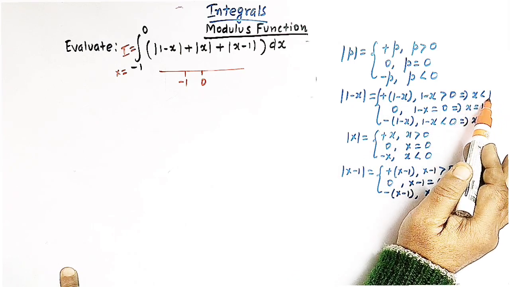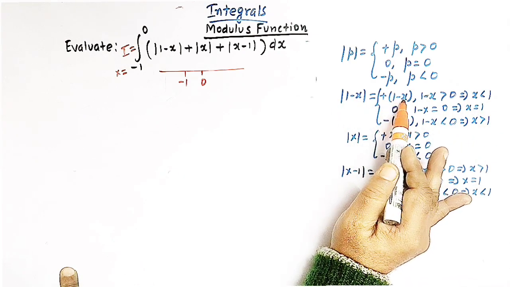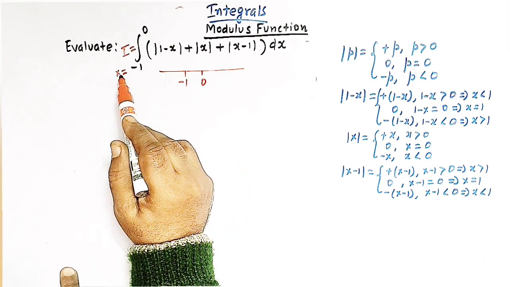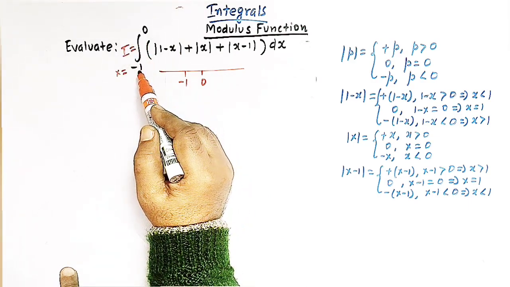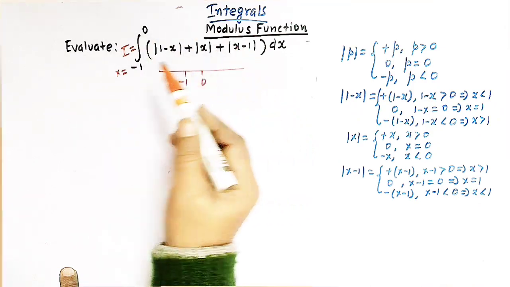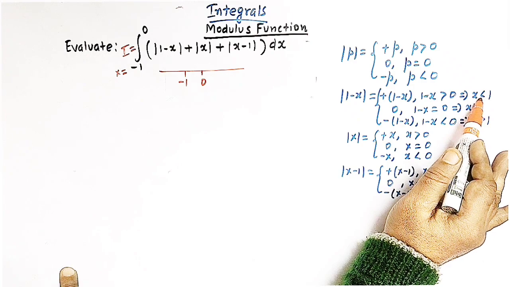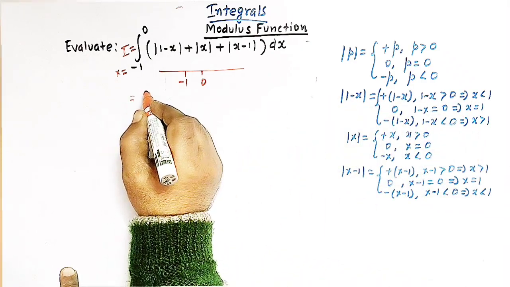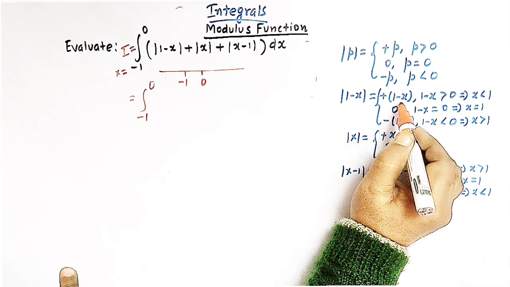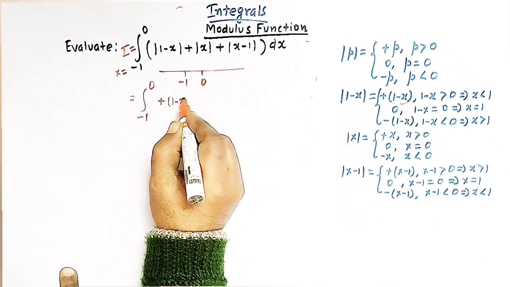So whenever x is less than 1, then mod of 1 minus x is positive 1 minus x, and here all the values of x which lie in the interval -1 to 0 are less than 0. So obviously all the x are less than 1, right? So here we can replace mod of 1 minus x by positive 1 minus x, right?